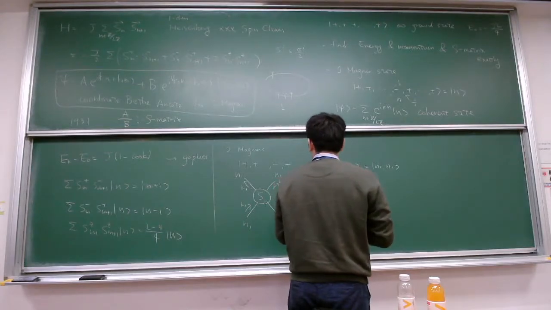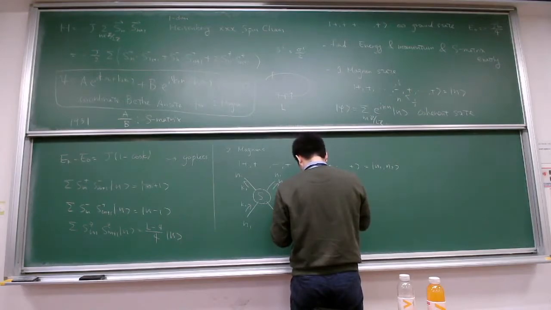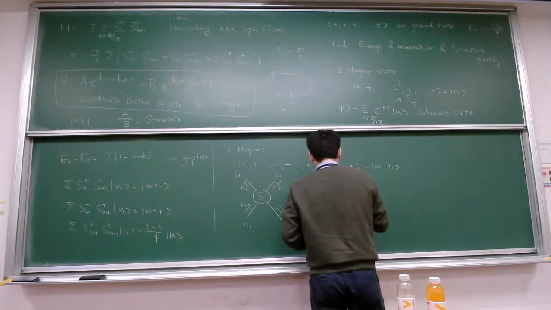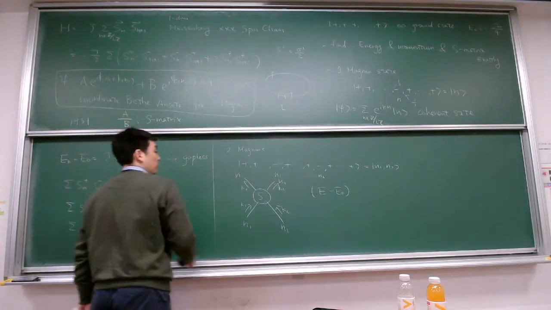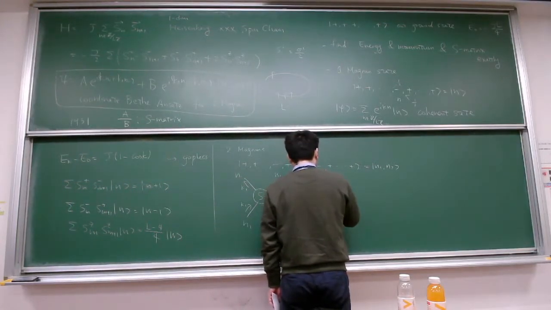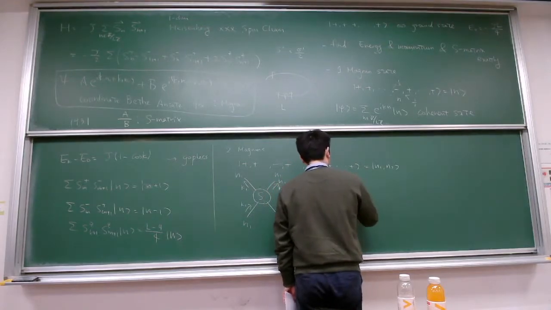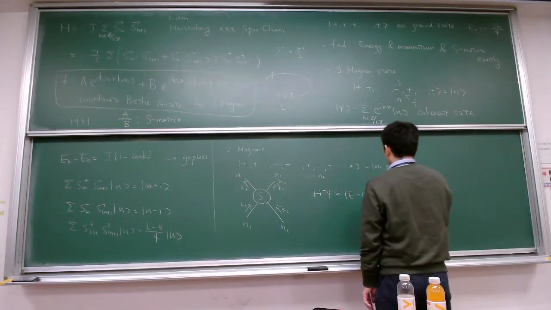So what we have found is that, maybe I should write down the Hamiltonian, the Hamiltonian acting on psi is equal to (E minus E_0) psi. Remember E_0 is over there.